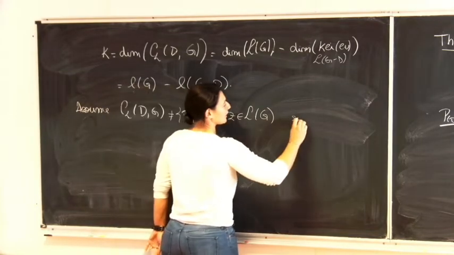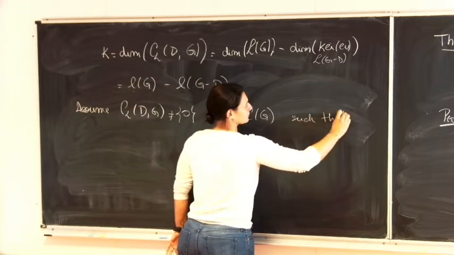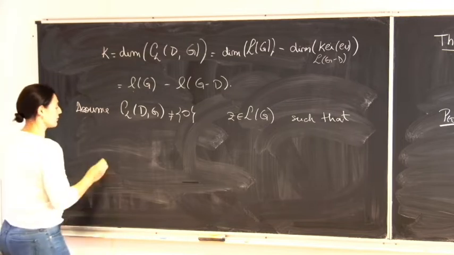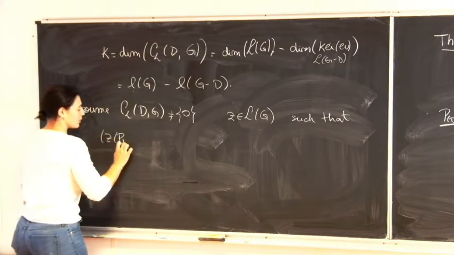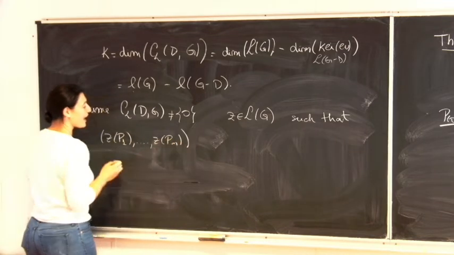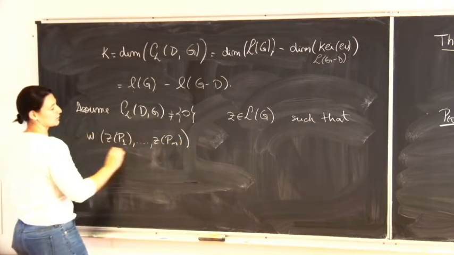So such that we have a word in the code of minimum distance D. So C of P1, ..., C of Pn has weight equal to D.